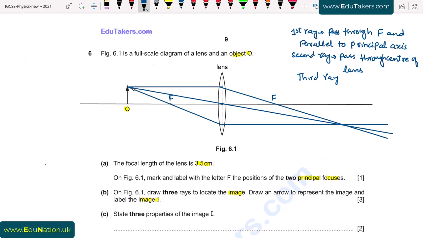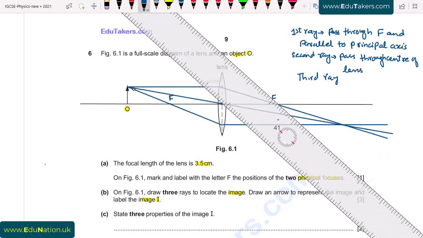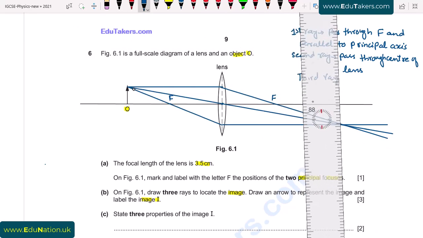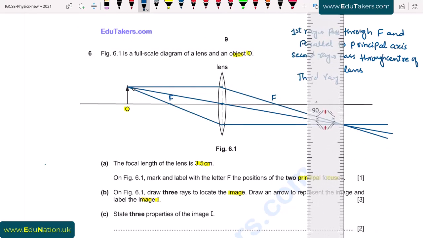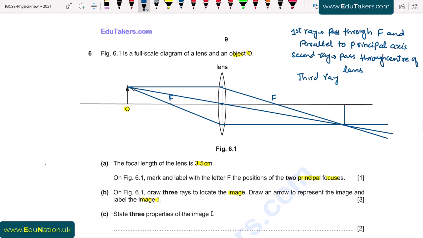The point where these rays meet is the image, and I label it with I. So this is the image. We can see that this image is inverted, real, and larger in size as compared to the object.